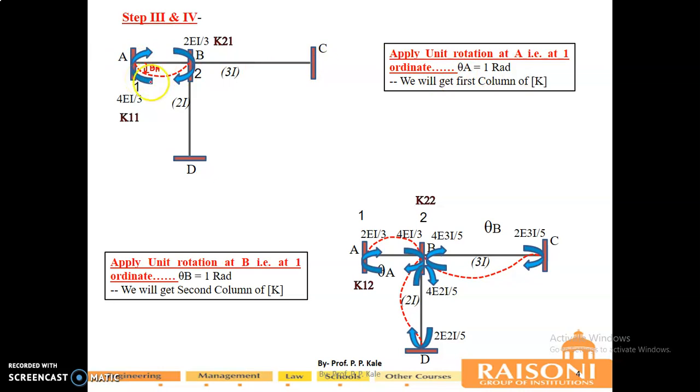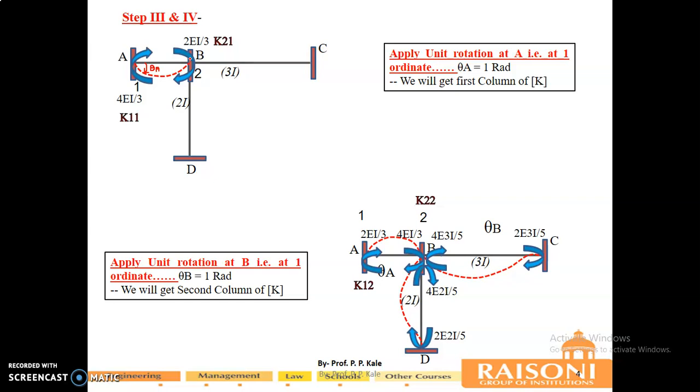Due to the rotation application, there is a generation of moments at this AB span. Where the rotation is applied, there will be generation of 4 EI theta upon L moment, and at the other end of the same beam we will get a moment of 2 EI theta A upon L. Since theta A is applied in a clockwise direction, always remember the moments generated due to the rotation are always in the direction of rotation applied.